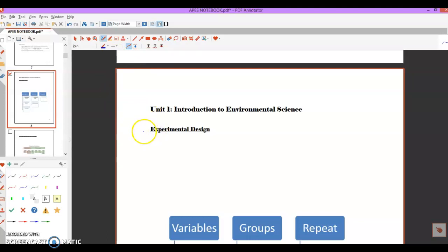So, experimental design provides a systematic way to solve a problem. Hopefully you guys can read this, but I'll keep repeating it.